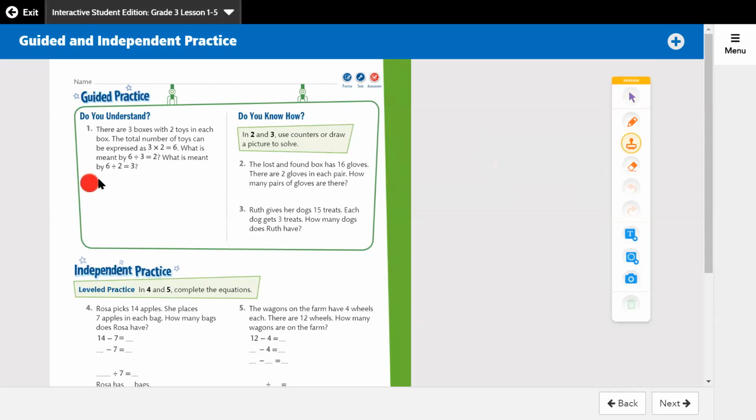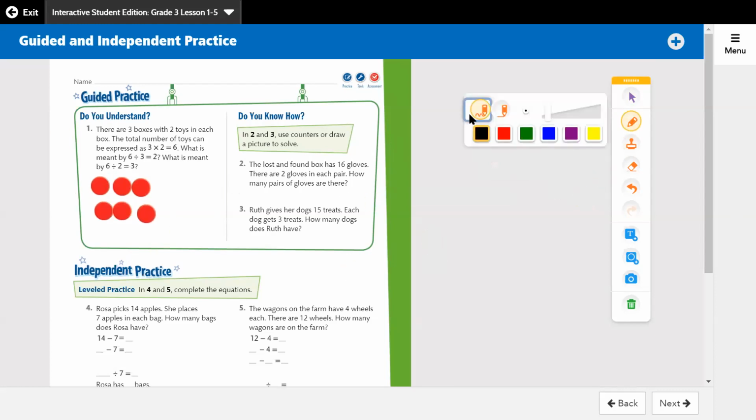If we had a total of 6 counters here, right? So there's our 3, 4, 5, 6. Good. If we have 6 counters here, 2 groups of 3 is what that multiplication sentence says, or 3 groups of 2. See, 1, 2, 3, or 2 of 3.